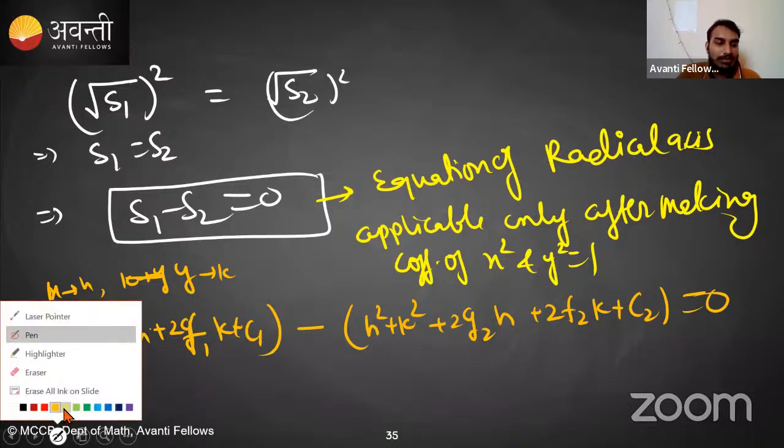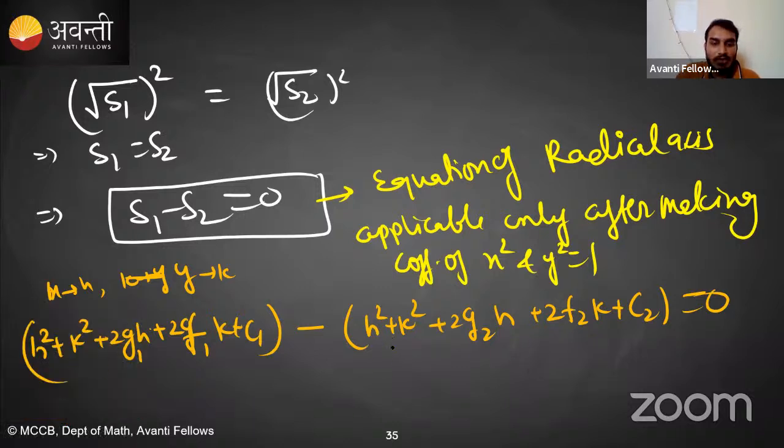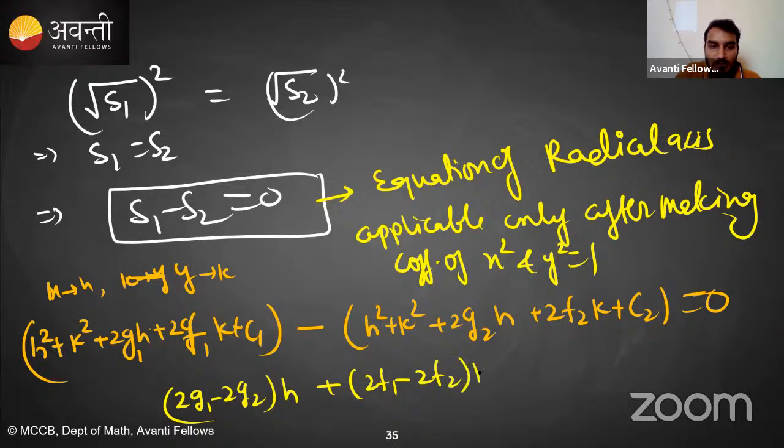As you can see, h square and k square cancel. What you are getting is (2g1 minus 2g2)h plus (2f1 minus 2f2)k plus c1 minus c2 is equal to 0.